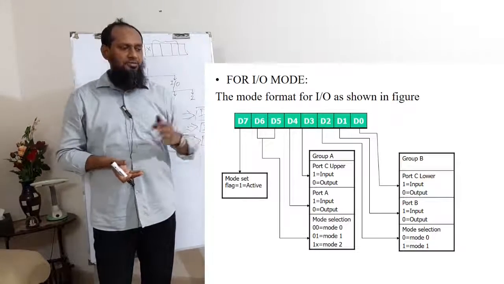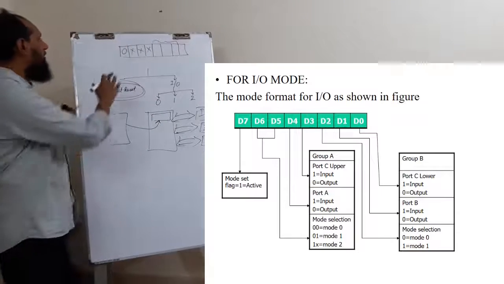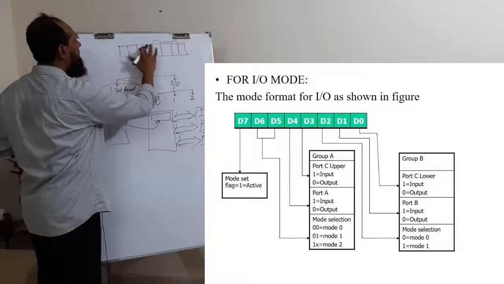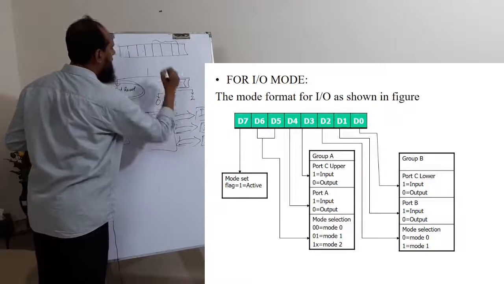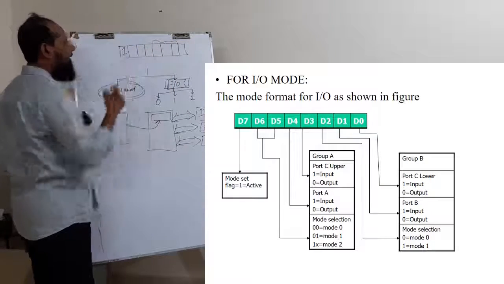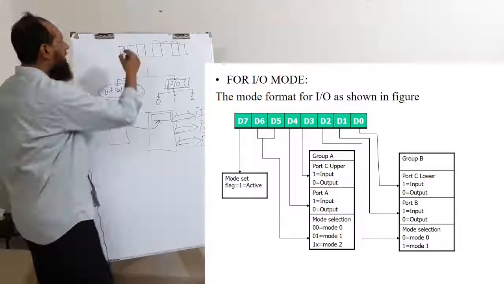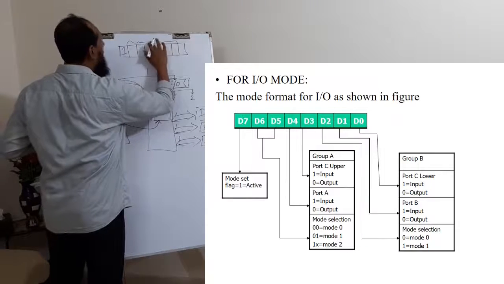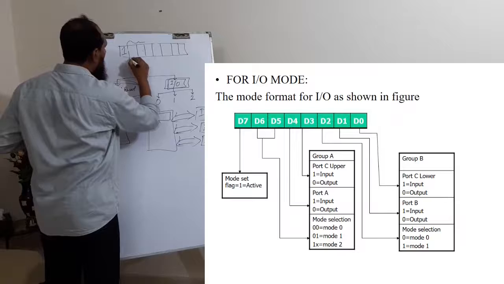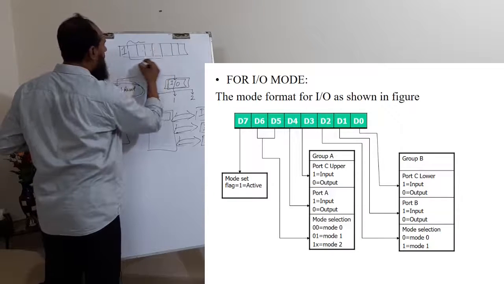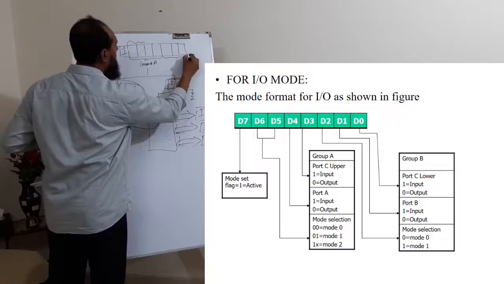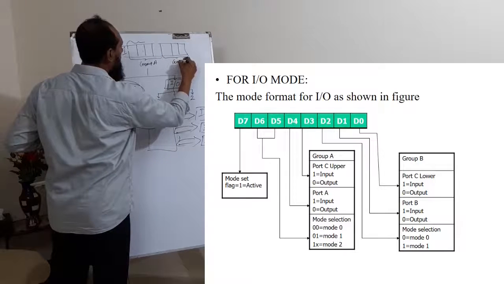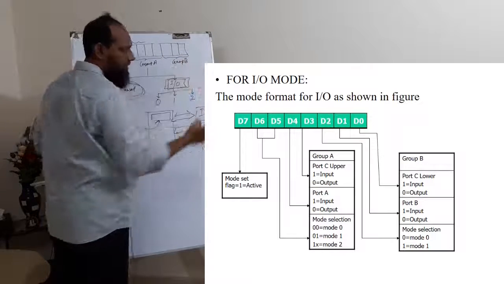You can see D7 should be 1 for IO operation. We are now discussing IO operation, so it should be 1. Then this 4 bits are for group A, and these 3 are for group B, as we discussed in the last class.